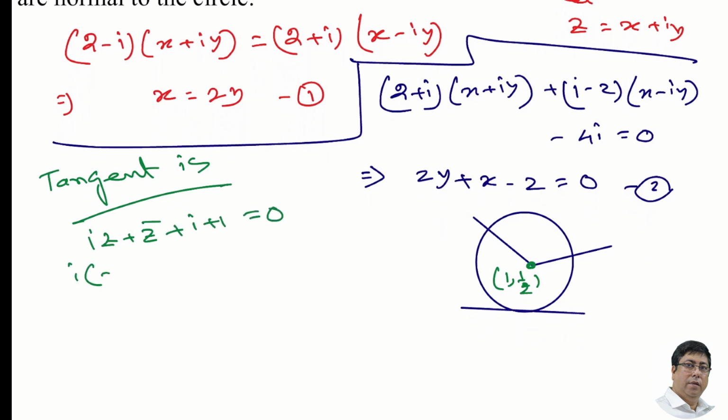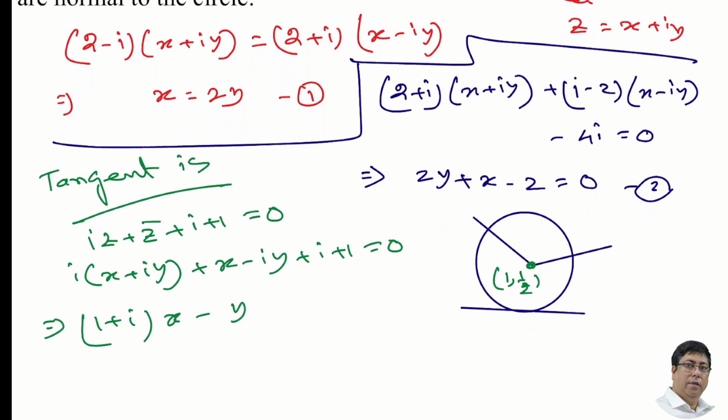So i into (x plus iy), putting x plus iy instead of z, plus (x minus iy) plus i plus 1 equal to 0. So we can write this as (1 plus i) into x minus y into (1 plus i) plus (1 plus i) equal to 0. Therefore x minus y plus 1 equal to 0, which is the equation of the tangent.